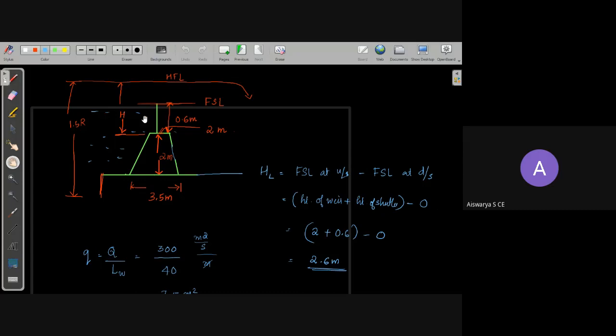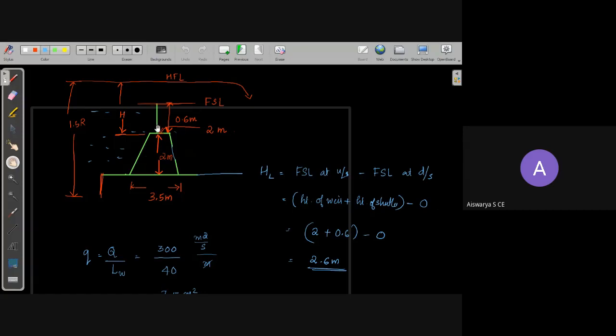The upstream full supply level is the sum of the height of weir and shutter, that is 2 meter and 0.6 meter. You should not take the high flood level. When you find out the head loss, you have to take the full supply level. Do remember that.